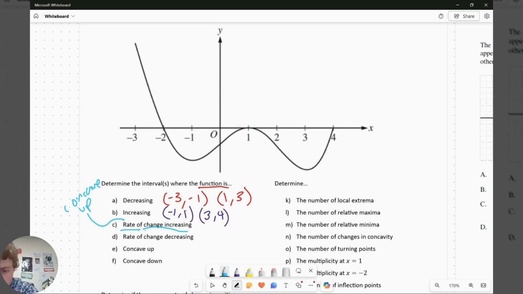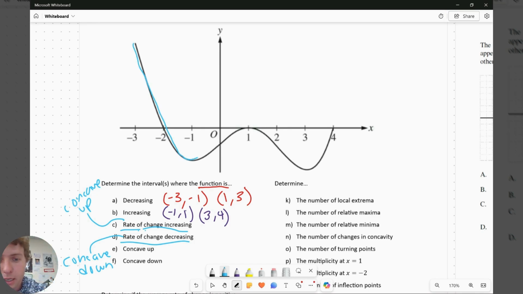The next one will say rate of change decreasing. That would be concave down. So all they're looking for in C and D is the exact same thing they're looking for below that for E and F.